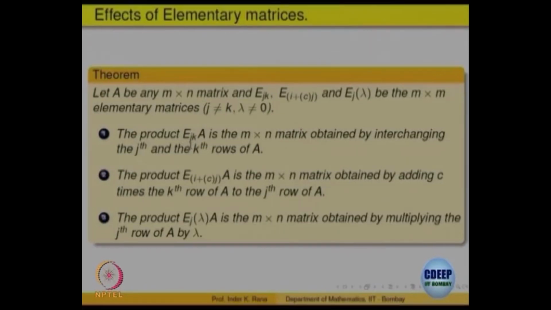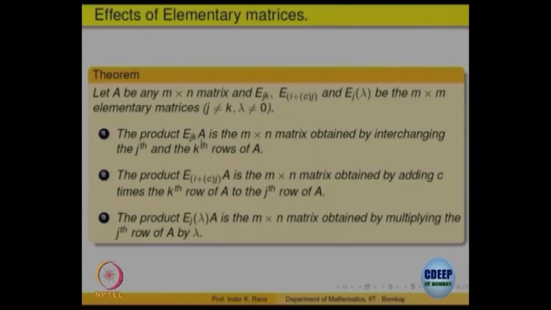You should be taking m cross m, because you are going to pre multiply, right. A is m cross n. So, you should be taking the identity matrix m cross m, doing the operation there and pre multiplying. So, take the matrix ejk, which is m cross m, multiplied with A.